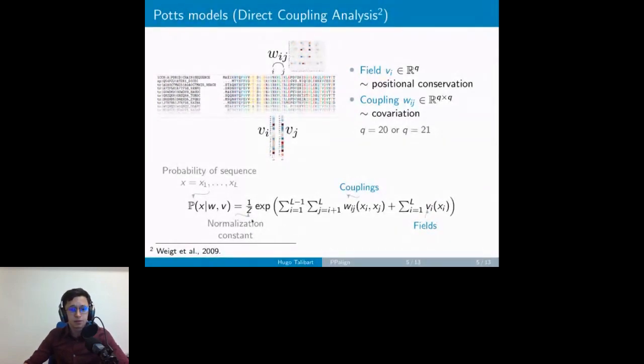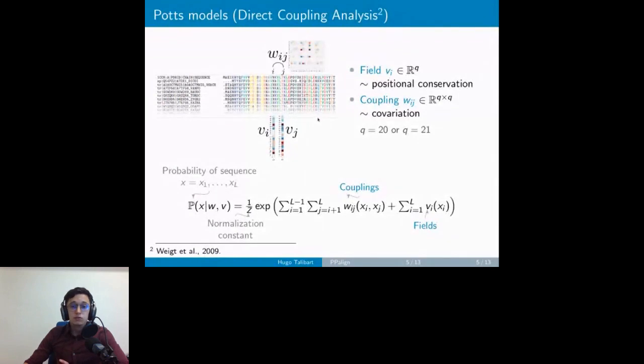So it is a normalization constant times the exponential of a sum of parameters evaluated at the different letters of the sequence. The model has two types of parameters, the field parameters and the coupling parameters. The field parameters are vectors. There is one vector v_i per position in the multiple sequence alignment. And this vector gives the propensity for each letter to be at each position.